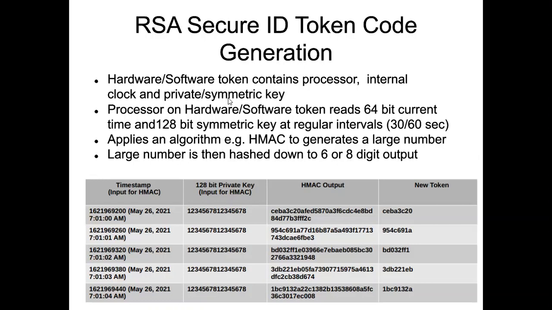So at any time, it is possible for Authentication Manager to create the same token, because it has the same information, the same timestamp, the same private key, and it is running the same algorithm, so it should get the same number. And I'm sure you must have by this time understood the importance of having synchronized clocks.